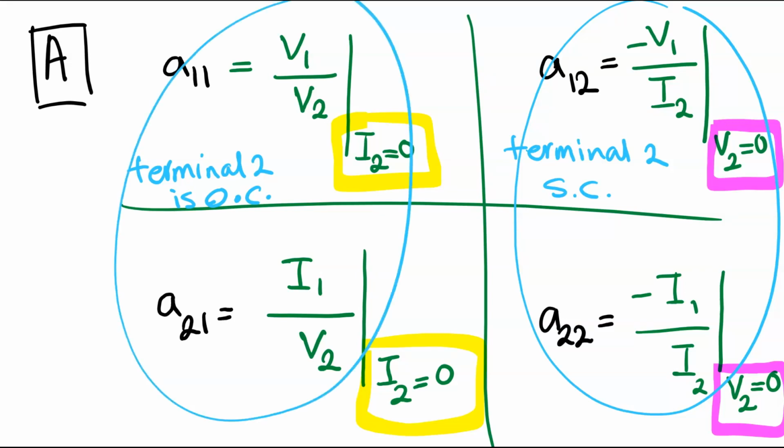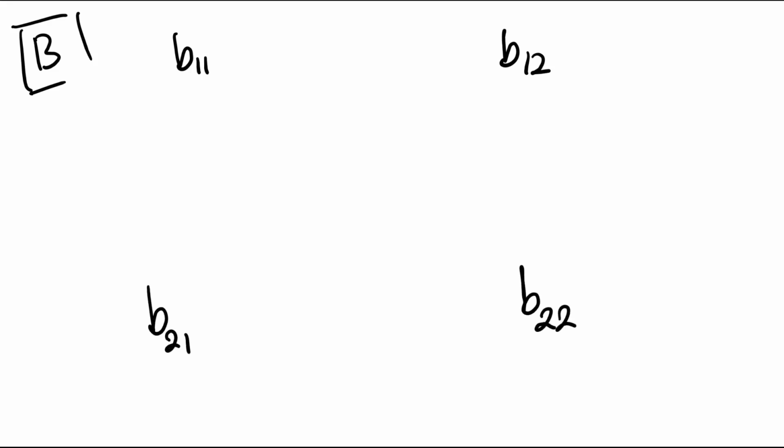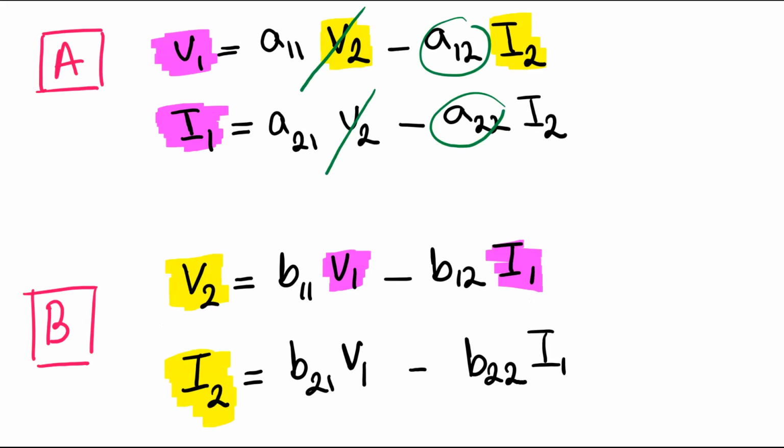Now let's find the equations for B matrix as well, and then we can look at a couple of examples. So for B matrix, I need to find B11, B12, B21, and B22. Okay, going back to the equation, first, I'll assume that I1 is equal to 0.